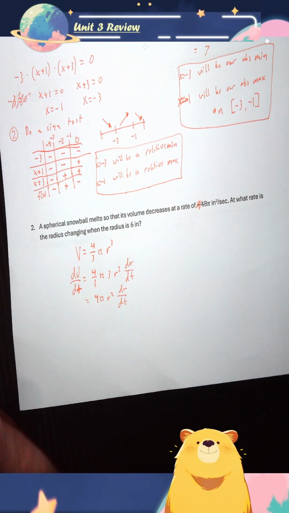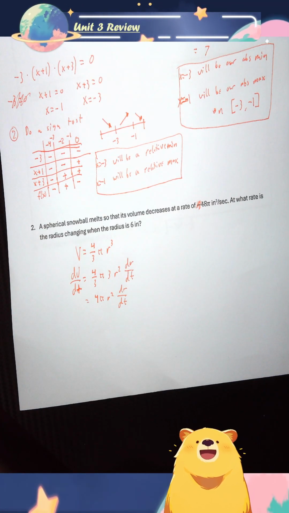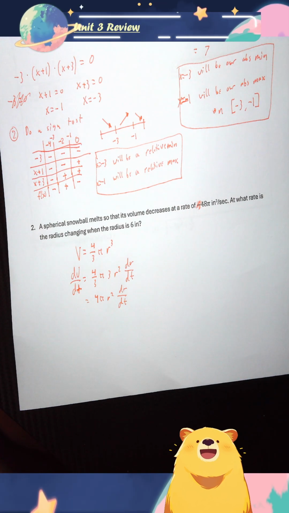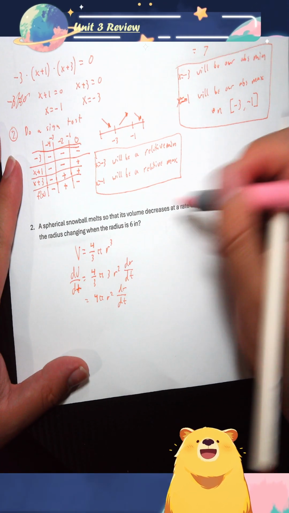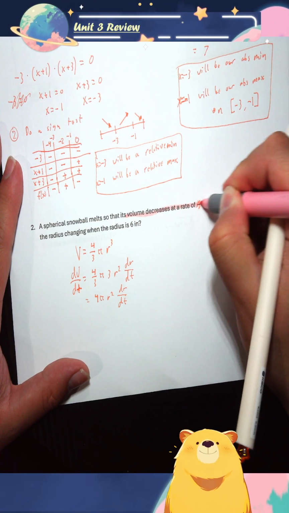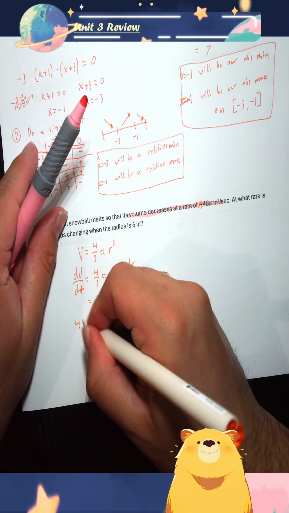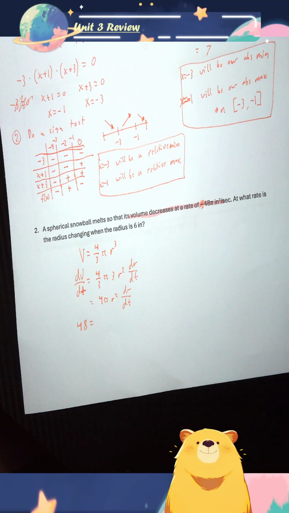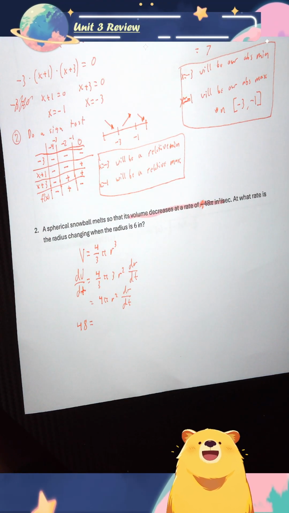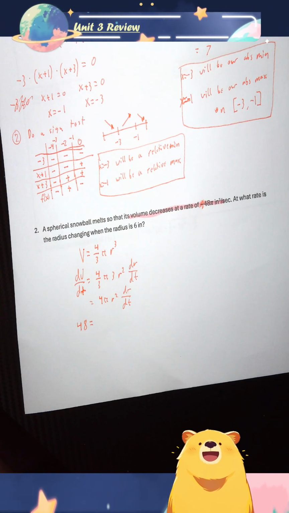Okay, so now we need to see what we can plug in and what we cannot plug in. I'm going to copy what we did last time. It says the volume decreases at a rate of 48, so that means we're using the derivative of volume, and I'm going to go ahead and plug in 48. At what rate is the radius changing when the radius is 6?